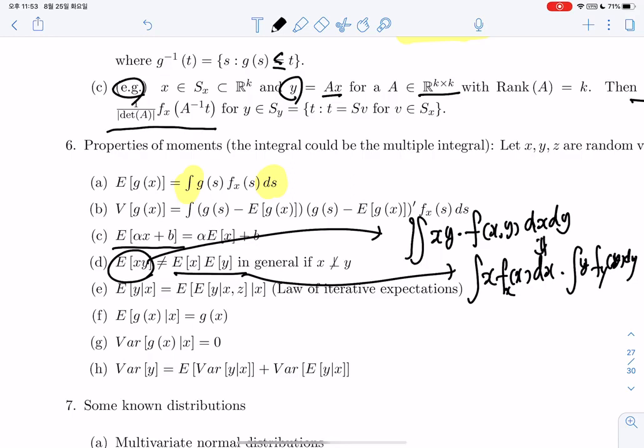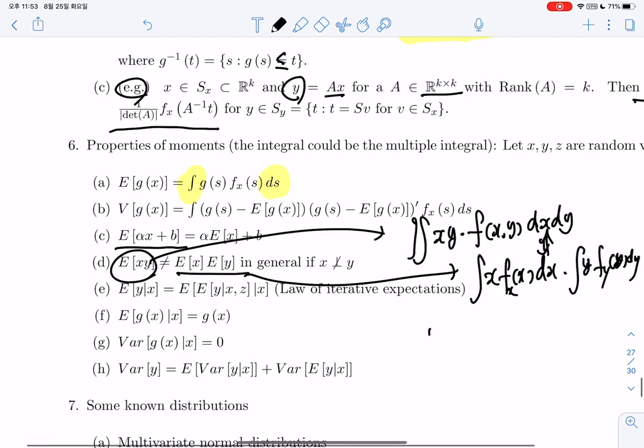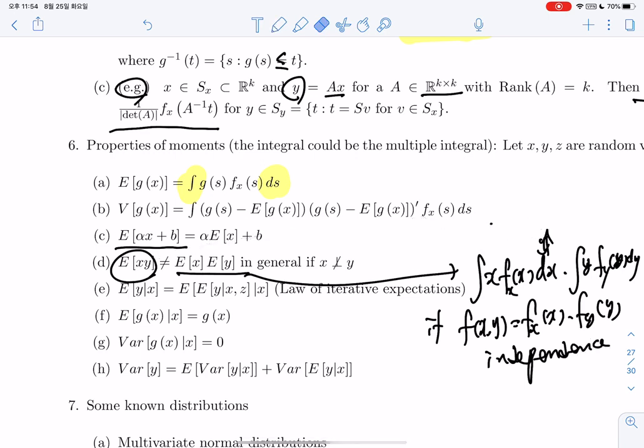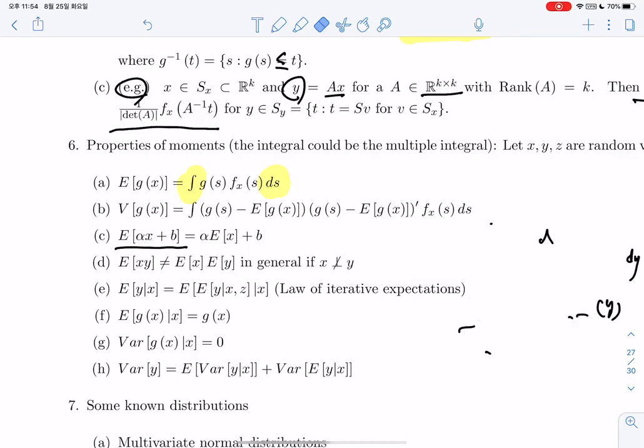So these two in general are not the same, but if fxy is fx times fy, i.e. independence, statistical independence, then this now becomes an equality.